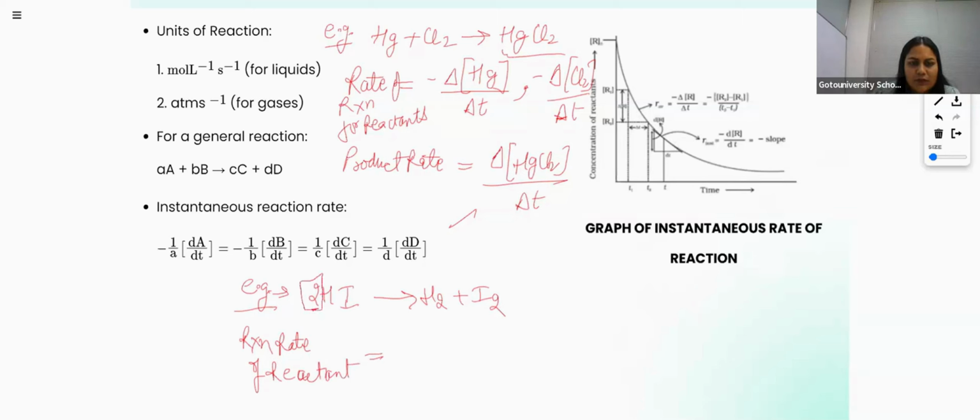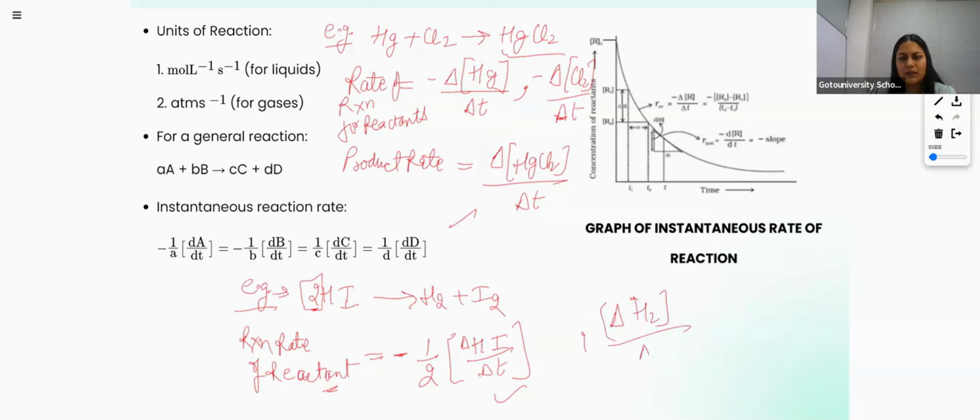This is a stoichiometric coefficient. First of all, a negative sign, then the reciprocal of the stoichiometric coefficient, 1 by 2, and then delta, the change in concentration of reactants by time. For product it will be the same, delta H2 by delta t. Understood?